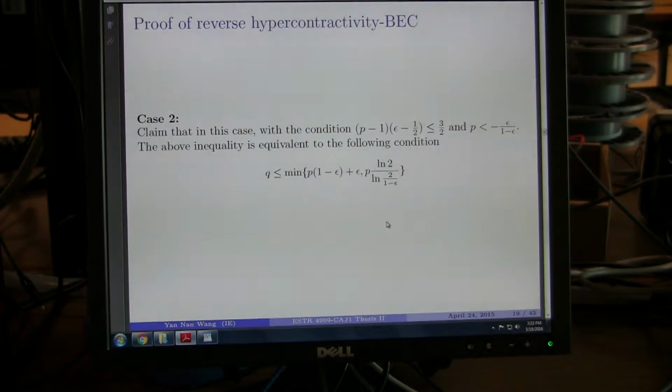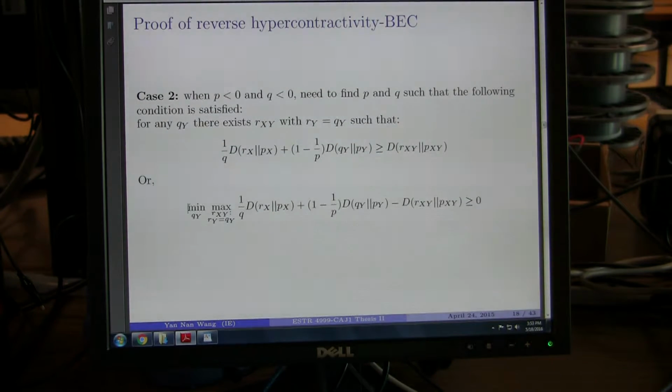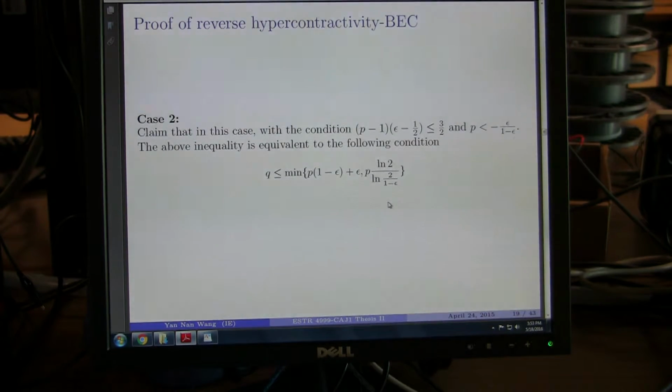We claim that in this case, with these two conditions, the above inequality in the previous slide, that is the minimax value of this divergence expression, is equivalent to the following condition: Q is less than the minimum of these two expressions.